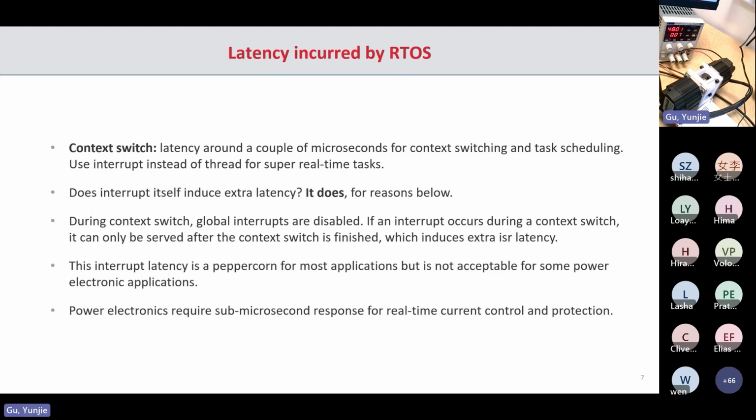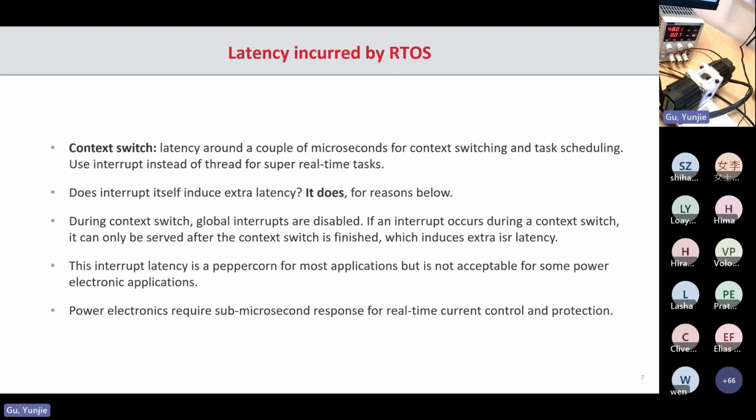The reason is that during a context switch, you have to disable the global interrupt, because an interrupt can corrupt the context switching process. So we disable the interrupt during the context switch and enable it after that. If an interrupt is triggered at this time, it can only be served after the context switch is over. This induces extra latency for the interrupt response.